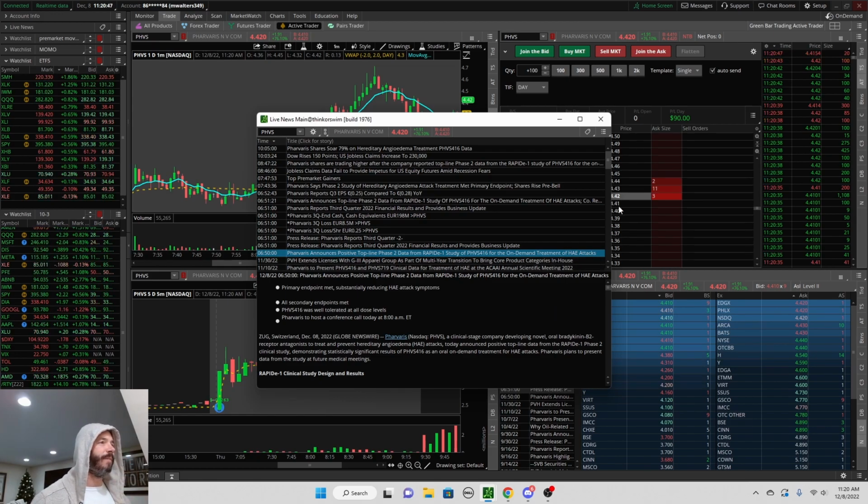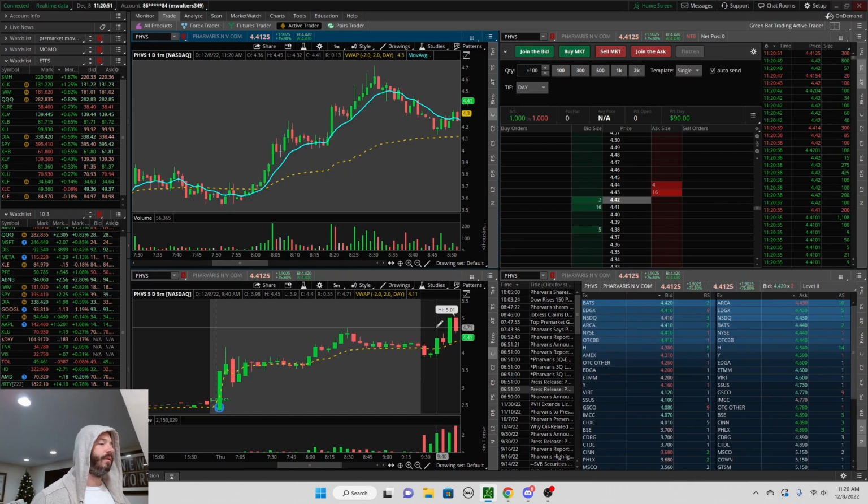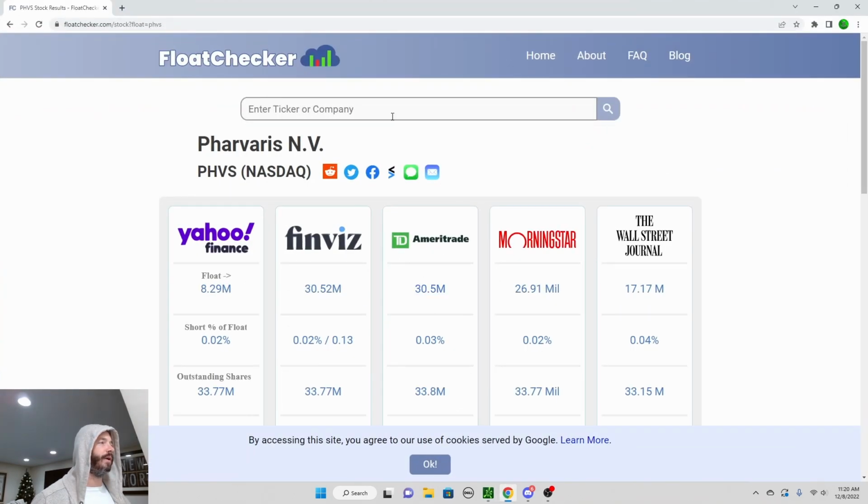So now that I have my catalyst, I want to see what the float is. So we'll come over to Float Checker. We'll type in PHVS right here, and this will give us the float. Now the float is kind of all over the place. Yahoo has it at 8 million. TD has it at 30 million. I trade on TD, so I think anywhere in between these is probably where the float is.